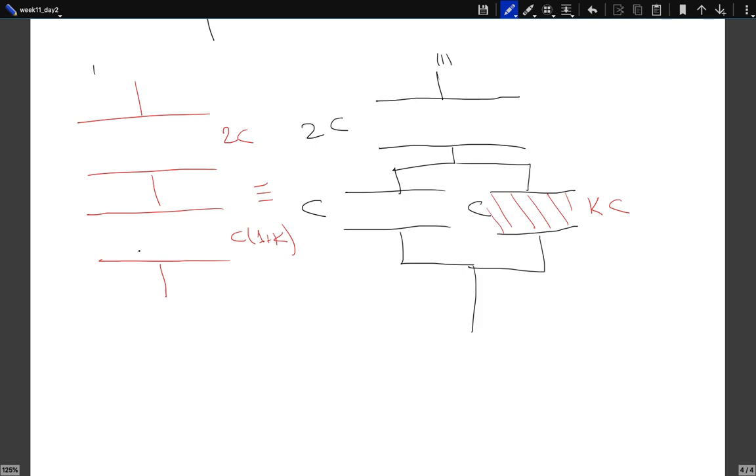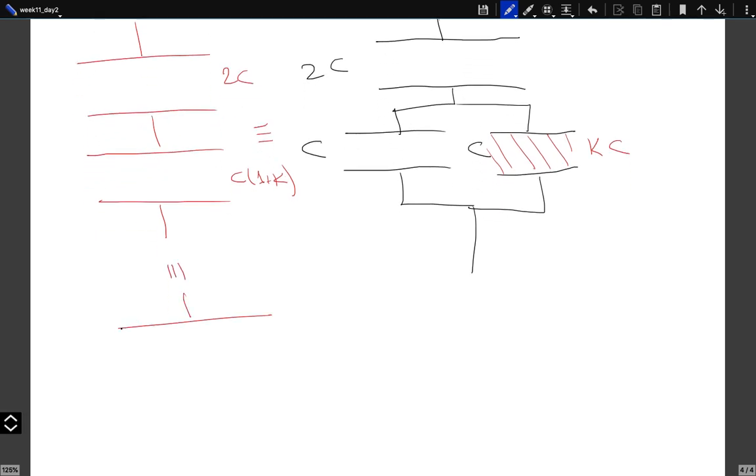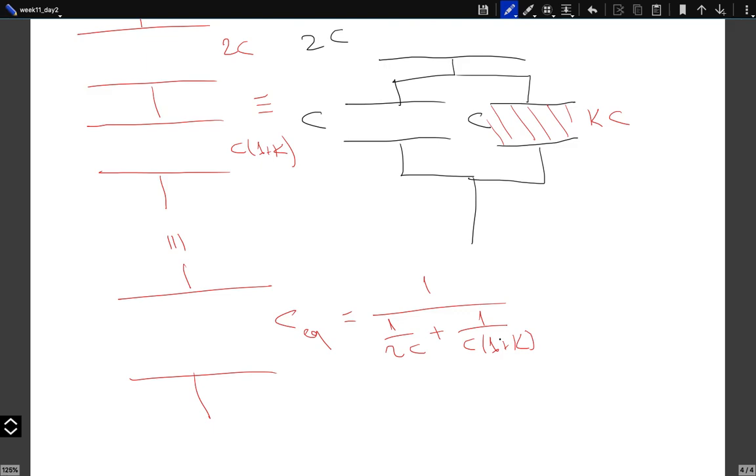And here we have two capacitors in series, which is equivalent to a single capacitor with capacitance given by 1 over 2C plus 1 over C times (1 plus kappa). Yes, other questions?